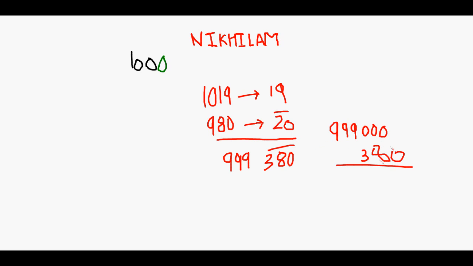So we will get 998620. So 998620 is the multiplication of 1019 and 980.